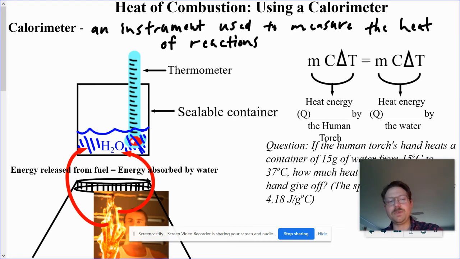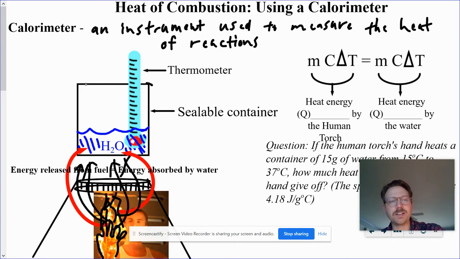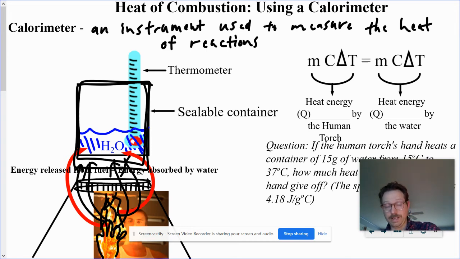What we assume is that we light the particular fuel on fire. This is the human torch, right? And it lights. And what we assume is that all of the energy that this human torch's hand gives off, if we put this particular container down close enough to the fire, we assume that all or most of the energy will go into heating up the water that's in here.